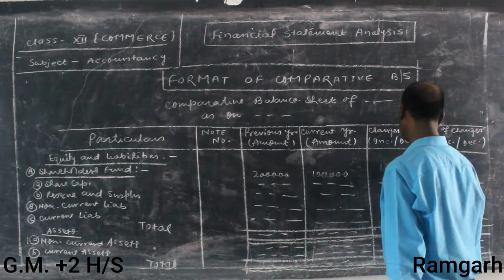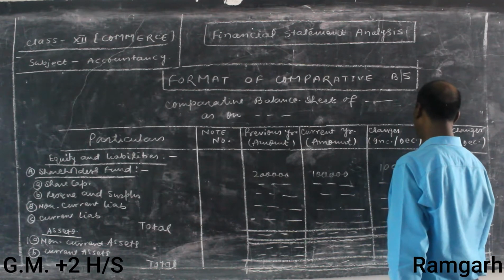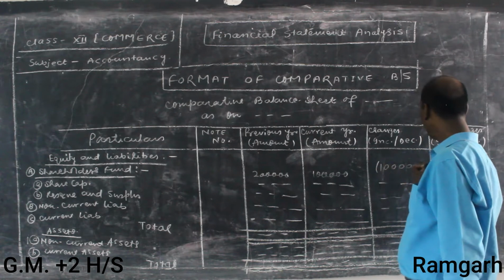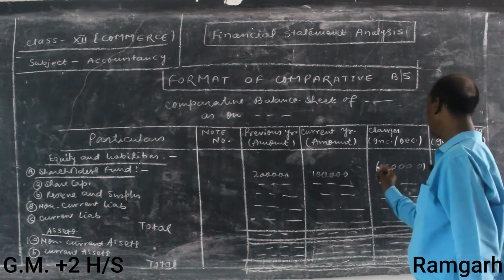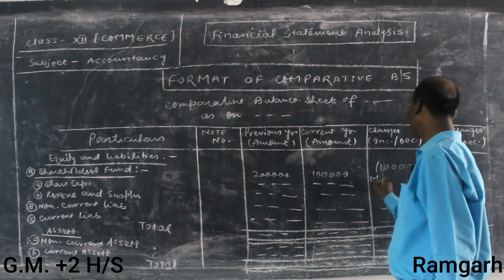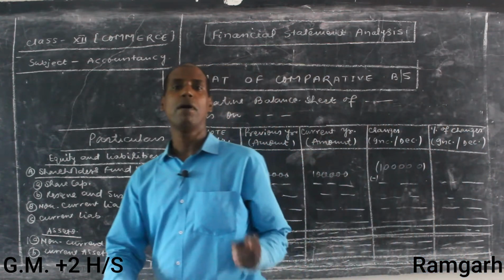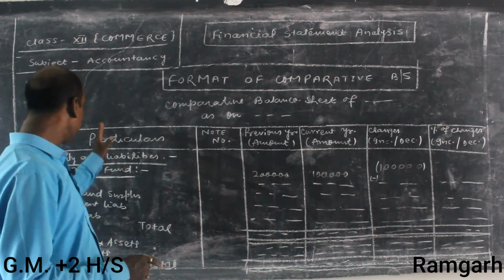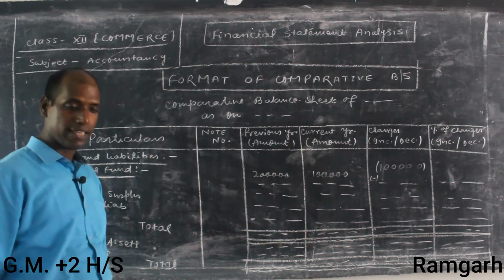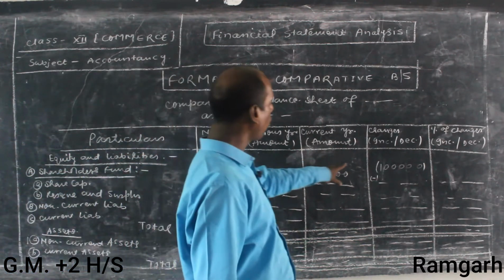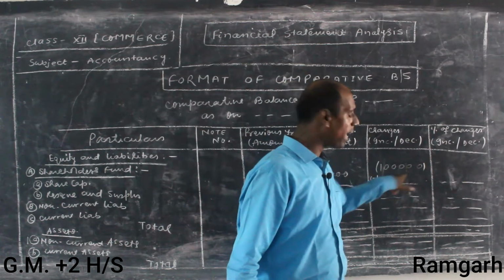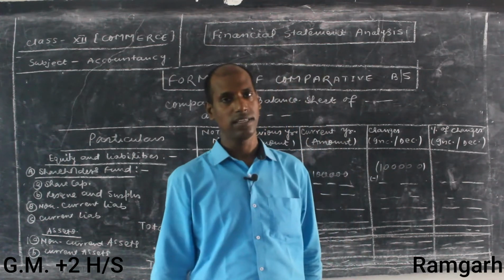It means decrease. The decrease is shown in 2 ways, either in brackets or with a minus sign. When you put it in brackets, you need to give a note at the end of the format that brackets are used for negative signs.